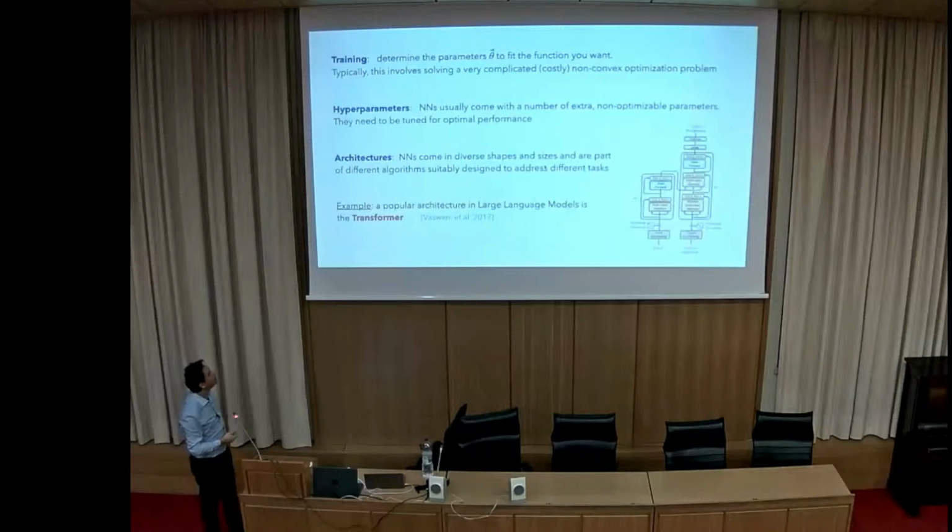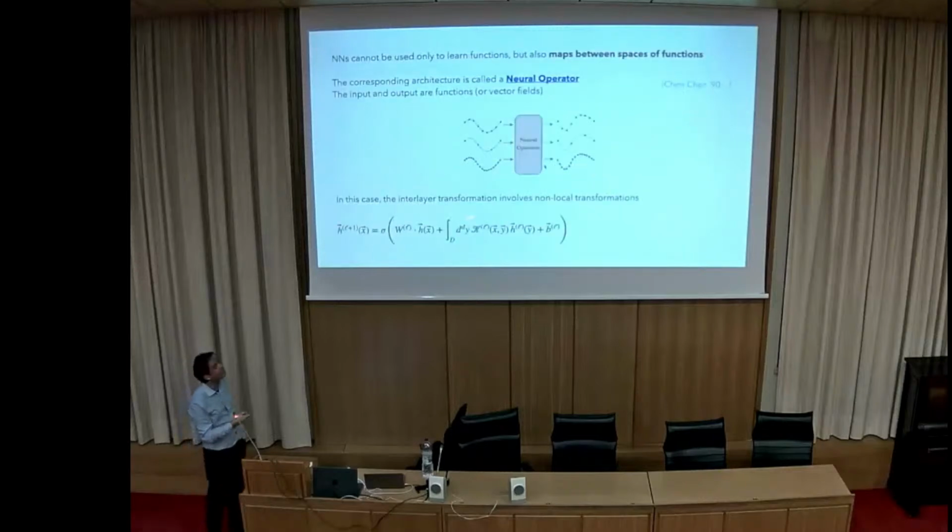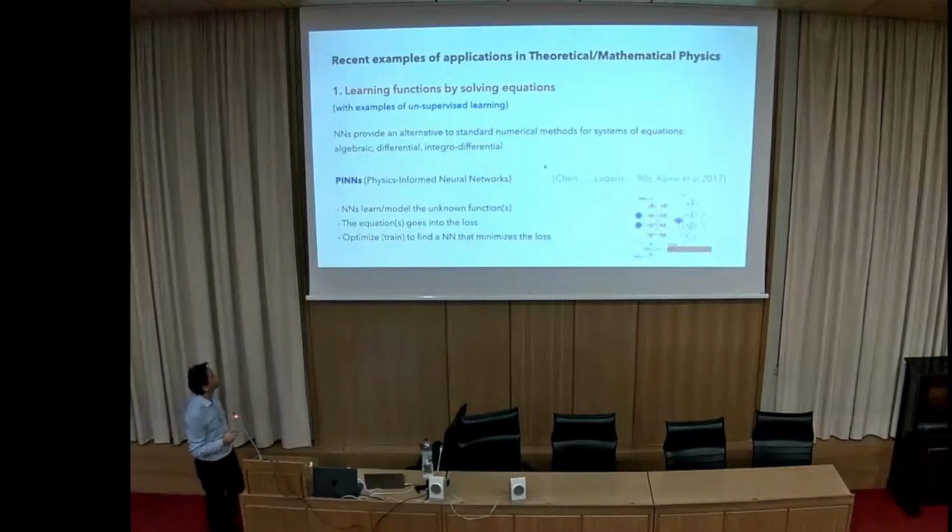Here, instead of passing points, I pass whole functions. I pass function 1, function 2, function 3, etc., and I get, say, 1,000 different functions as output. And I try to learn the weights and biases, all these parameters of a more complicated architecture that will fit this map between the input functions and the output functions. This is called the neural operator.